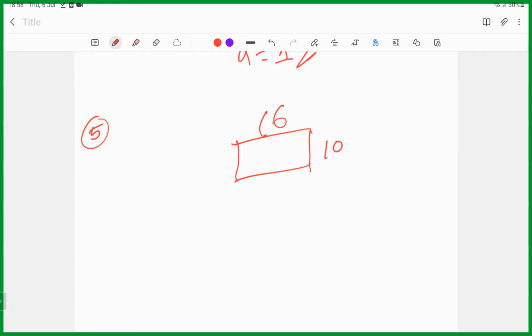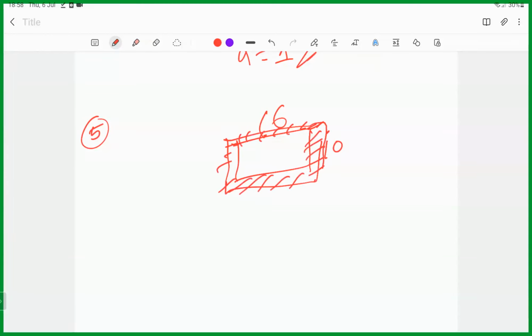So this is a rectangular field, right? Around it there is a path, a uniform path. We need to find out the width, right?